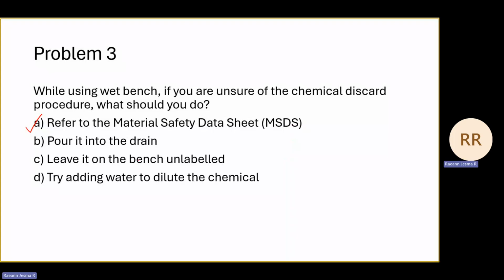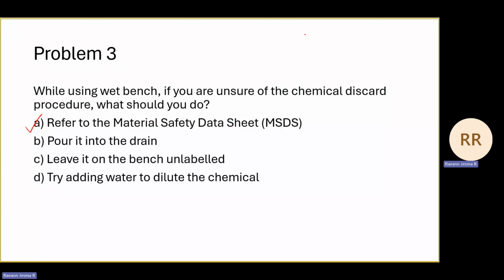In the material safety data sheet, they will generally provide all the details regarding the disposal procedures and so on. So here you can see some of the sections that are present in a material safety data sheet. It contains information about the product name, the manufacturer's name, the supplier's name, and so on.